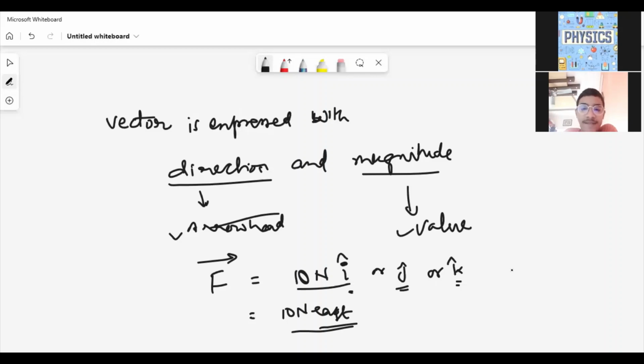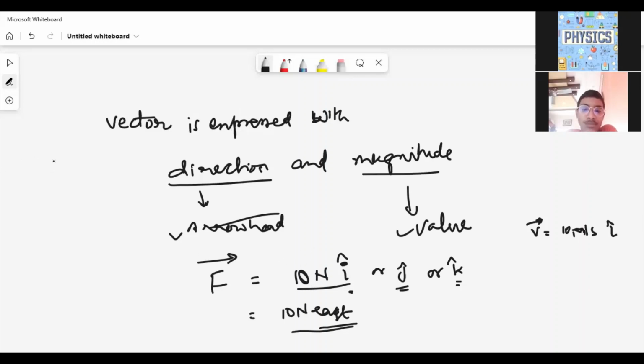If you say my velocity is 10 meter per second, since it is a vector quantity, you have to specify the direction also. In which direction? i direction. Okay. So this is how we express a vector. So a vector has two parts.